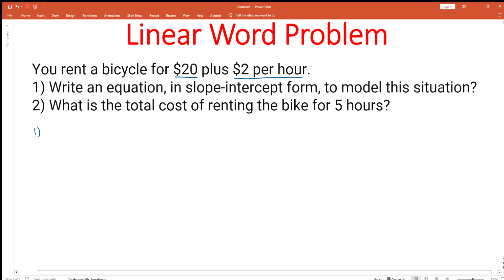We have to write an equation to model this situation, so we need to use variables. The first step is to define variables we want to use to write the equation. We can use variable t for number of hours for which the bike is rented.